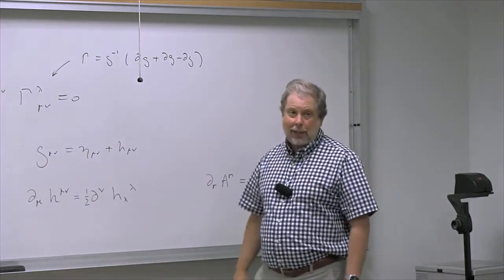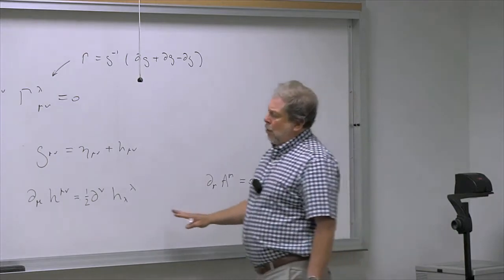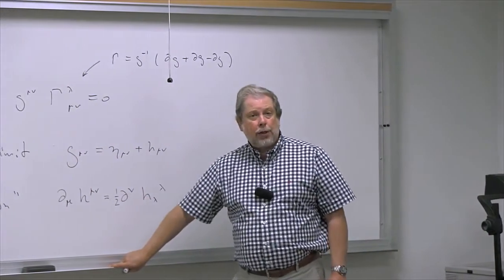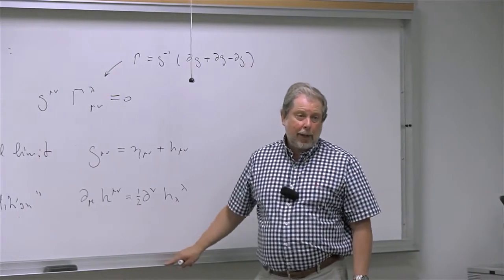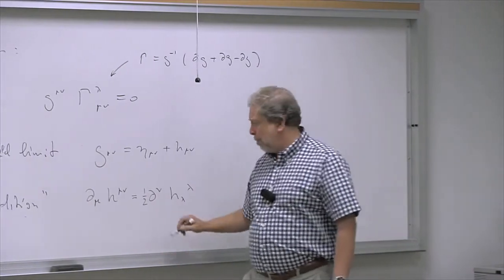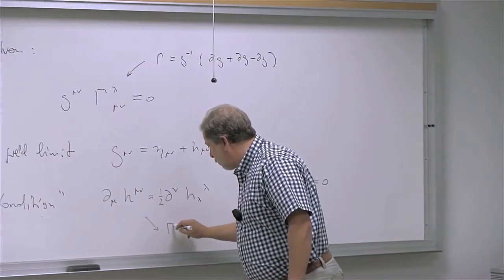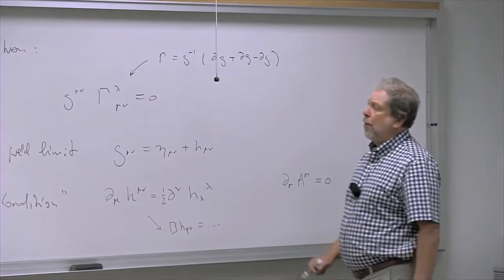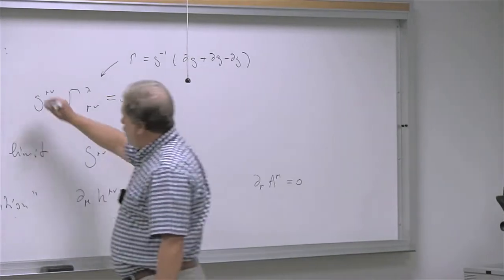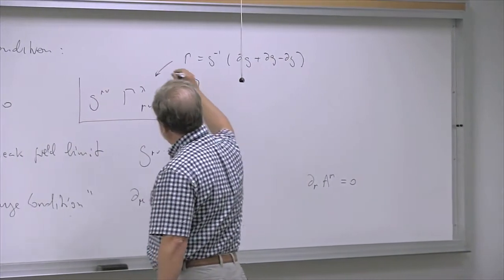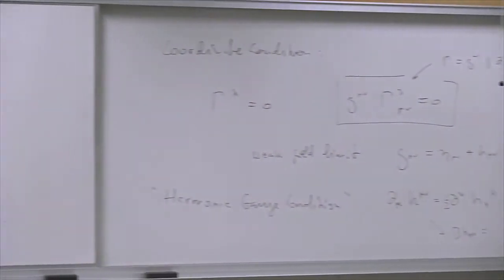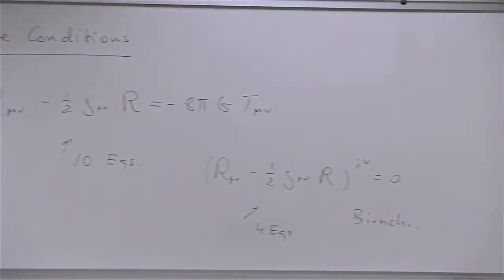There are 4 terms altogether when you write down the left-hand side of the field equations, and 3 of those cancel out in the harmonic gauge, and you're just left with box h. Box h_{mu nu} is equal to what I just wrote before. So this condition is a useful one, and it is one that we will consider in the future.